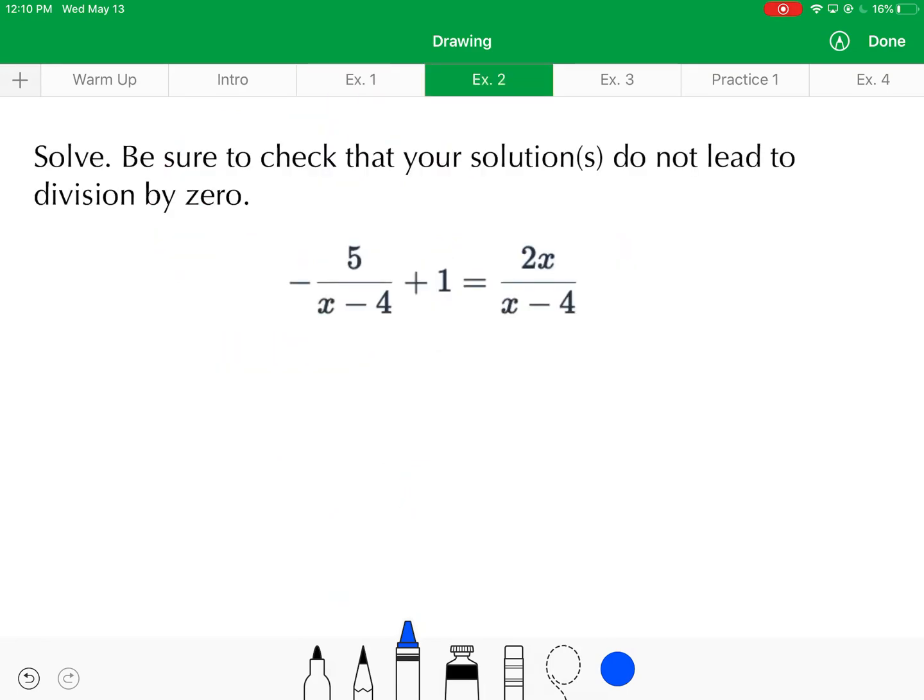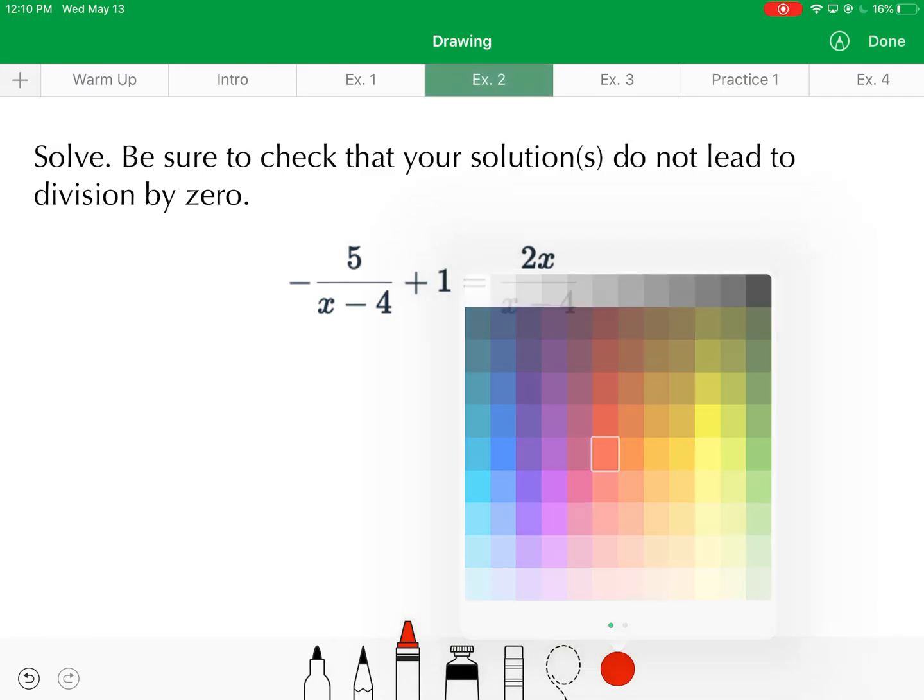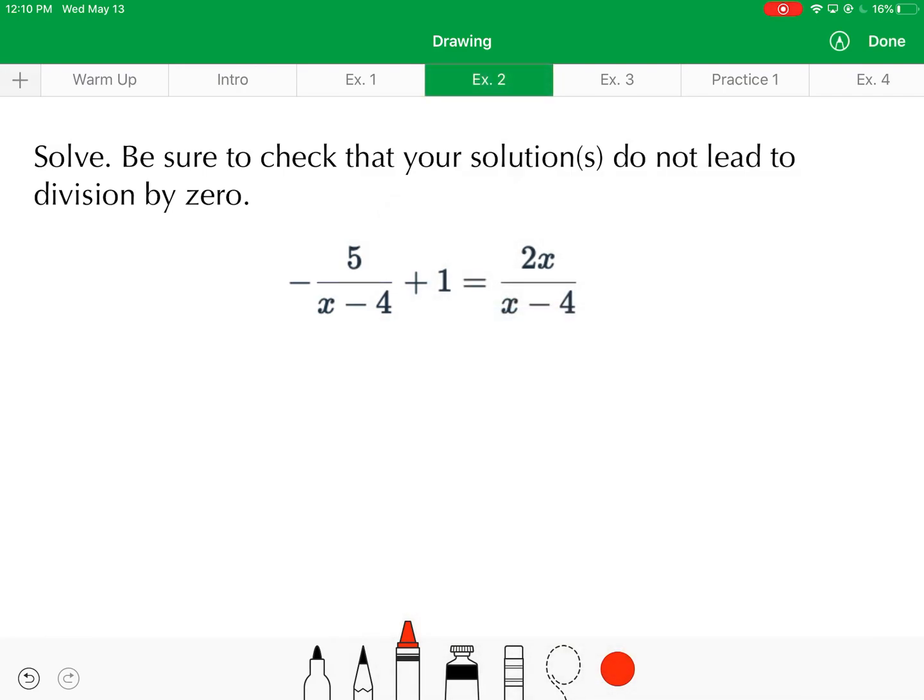Okay, moving forward, another example. Here, the common denominator would just be x minus 4, right? It's the only denominator between the various fractions here, so I'm going to multiply this side by x minus 4 over 1, and I'm going to multiply this side by x minus 4 over 1.